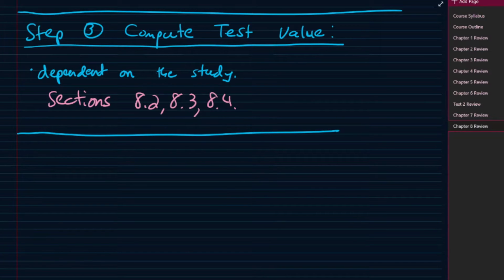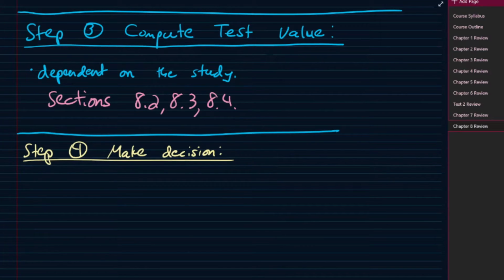Step 4 is to make our decision. Okay, so essentially here's what we're going to do.